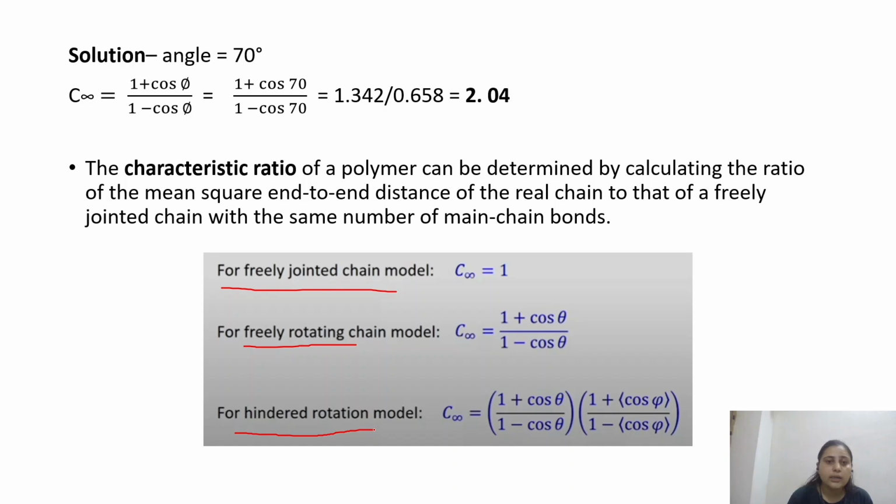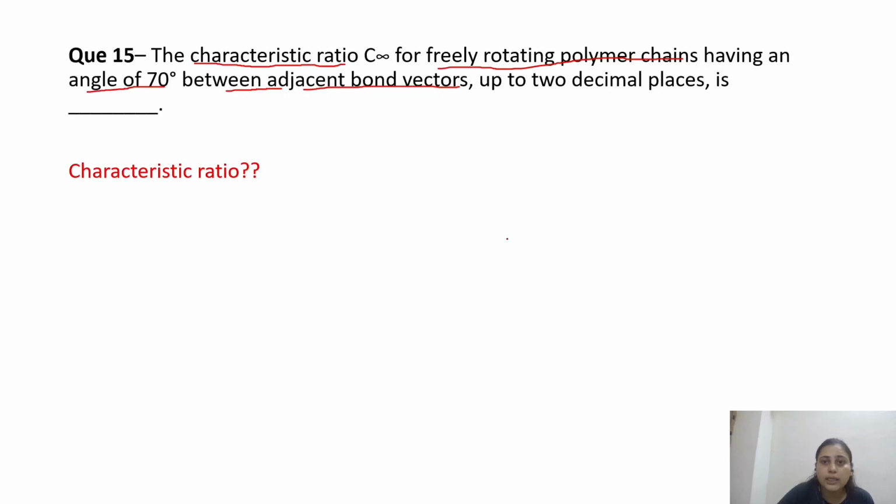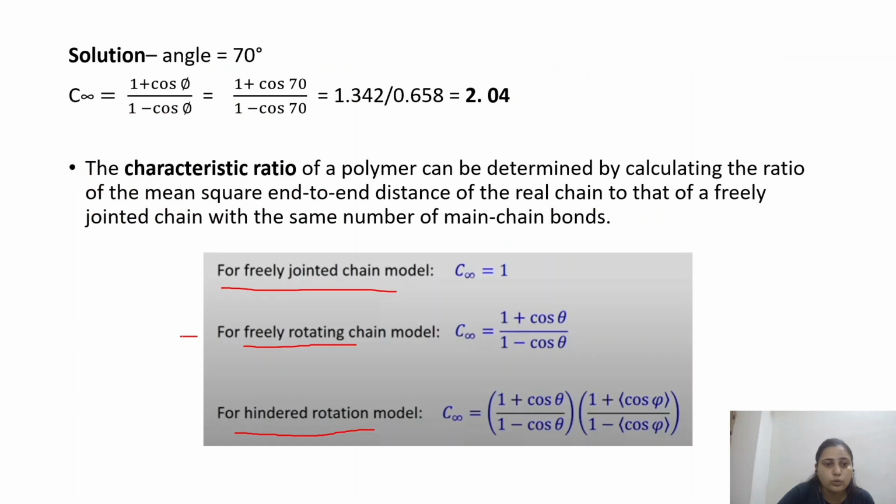In this question, as it is given that it is a freely rotating polymeric chain, we can apply formula number 2. The characteristic ratio is equal to 1 plus cos phi. So here it's not phi, it's theta.